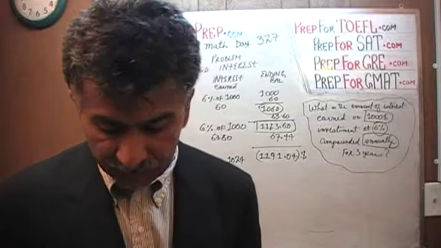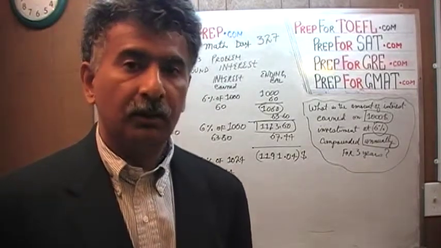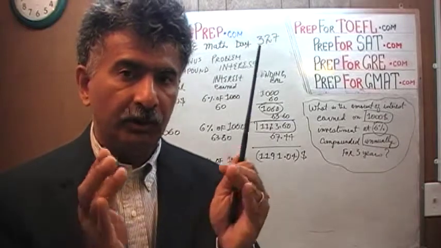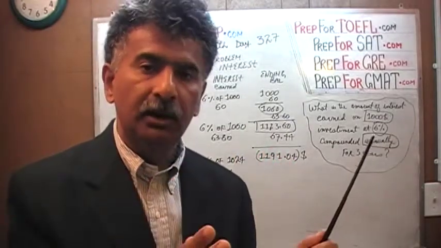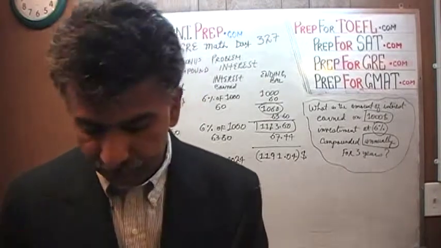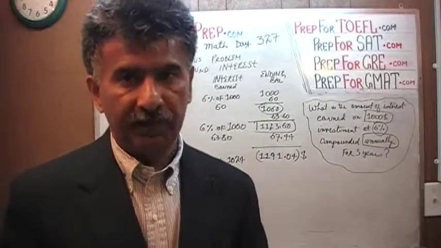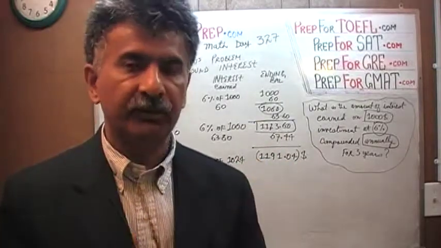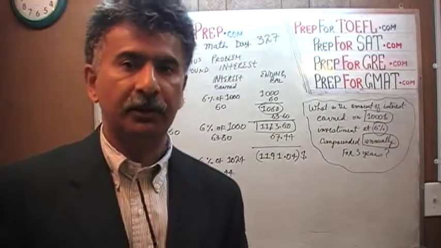What they're describing in the book is a scenario where the question is, how much do I need to put in the bank today, so that at the end of 3 years, I will have $1,000 in my account, given a certain amount of interest, which is compounded annually, it turns out.